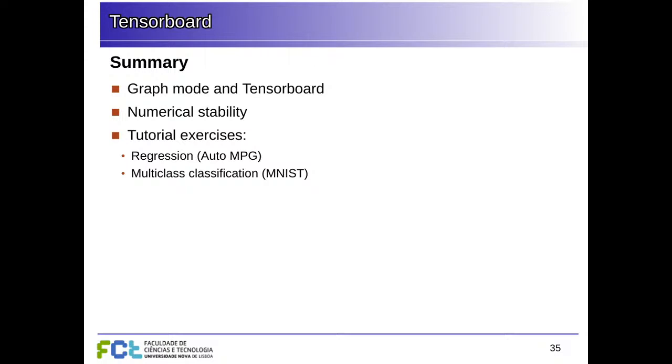We also saw these problems of numerical stability and why it's a good idea to use the loss functions that are implemented in TensorFlow, and these two exercises: using a regression model to predict the miles per gallon of different cars, and using multi-class classification with softmax for MNIST. So look up what loss functions you should use, what activation functions, and so on. Experiment with the architectures and so on.